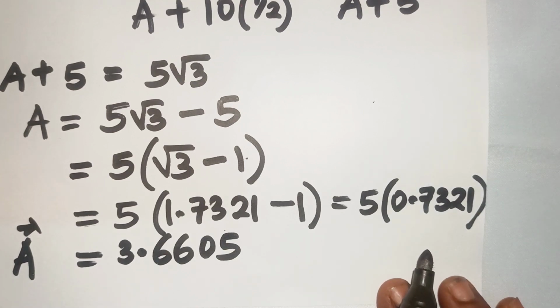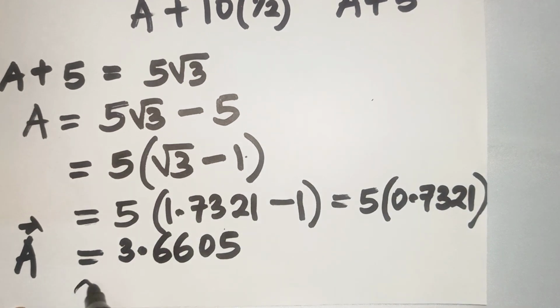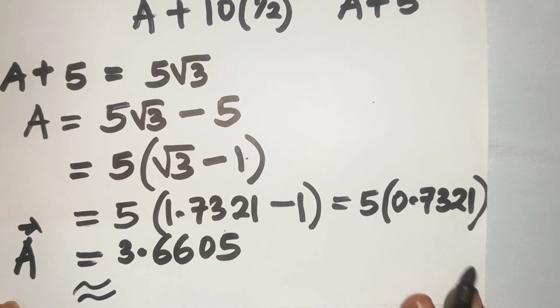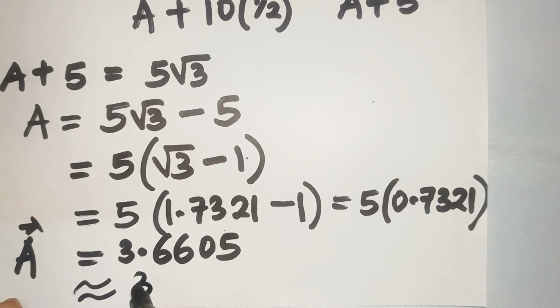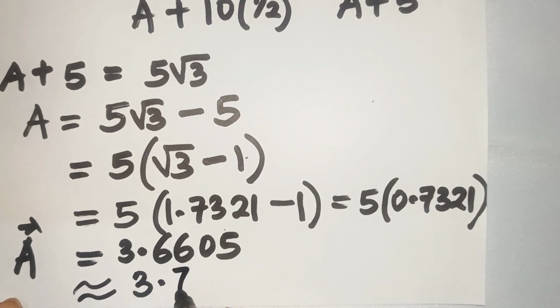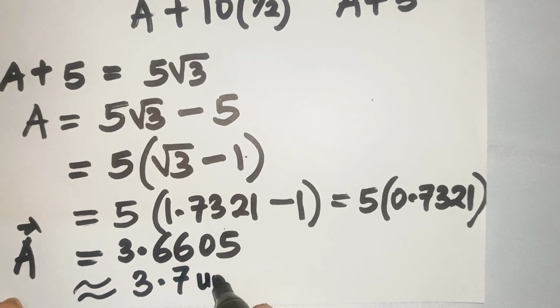So approximately the magnitude of vector A is equal to 3.7 units.